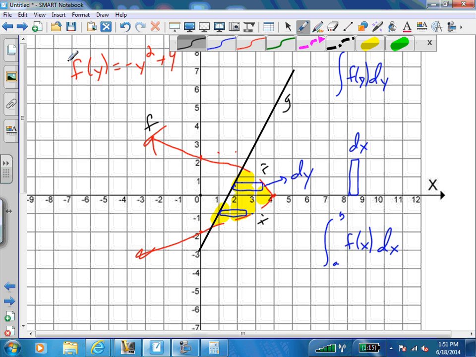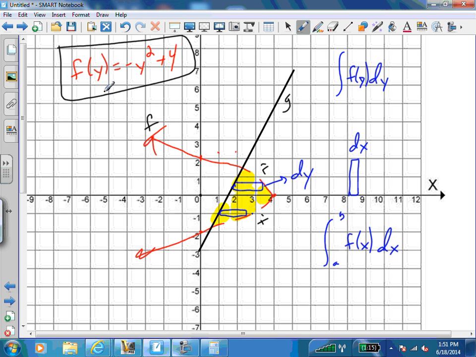Notice for this type of function, our input is y. When we put a number into that function, we put a 0 in, we got a 4. That was y. Our output then is x.